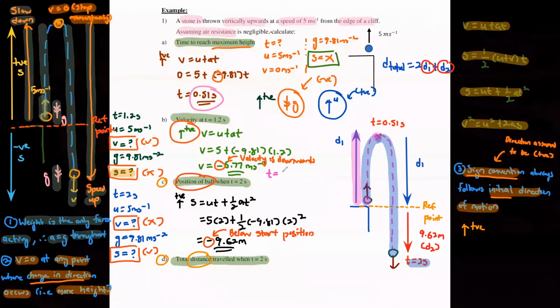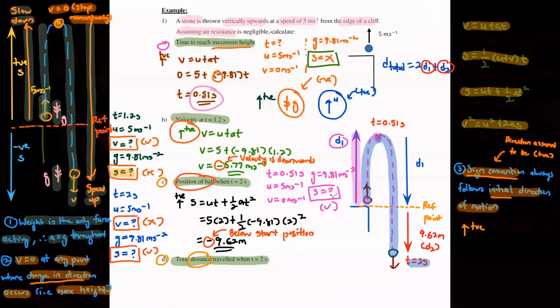The time t is 0.51 seconds, which we found out from part A. Our initial velocity u is 5 meters per second. Final velocity v is 0 meter per second. Our gravitational acceleration is 9.81 meter per second squared. And our displacement is not something that we know. This displacement is actually our distance D1 that we want to find out.